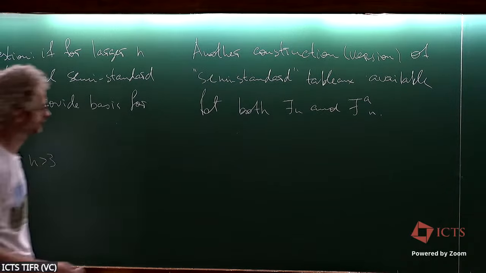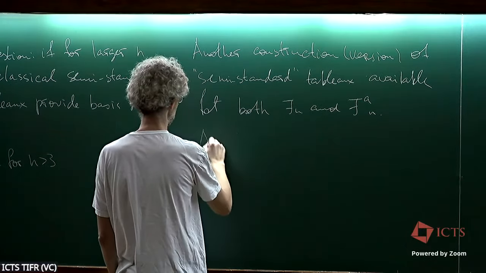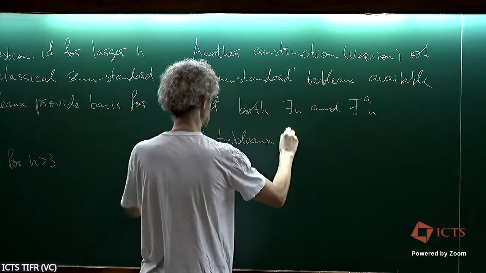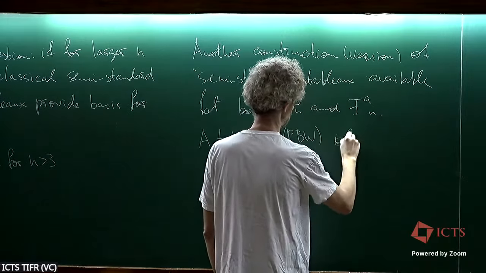So here is the definition. We take a tableau, let me call it a PBW tableau, of shape lambda.